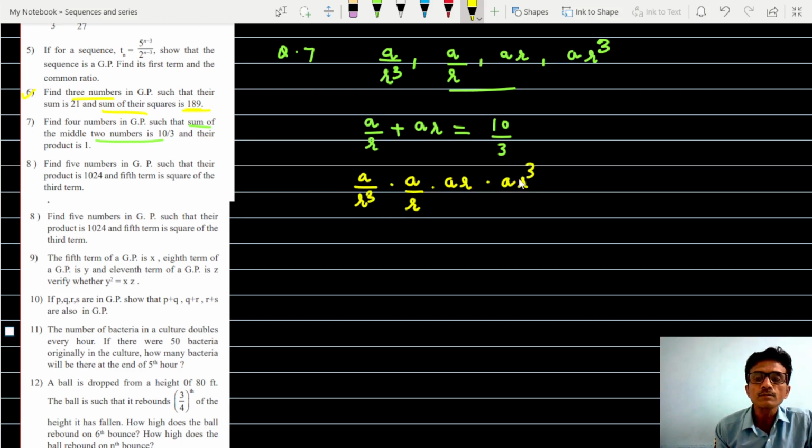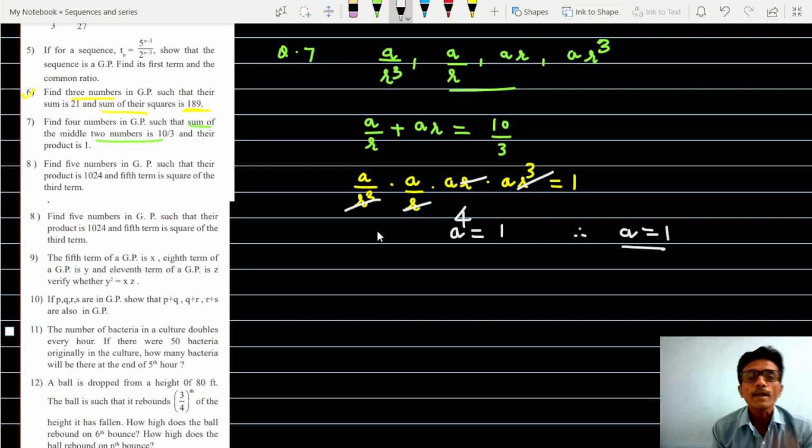This product is equal to how much? 1. Yes, this r cube is getting cancelled with this r cube. The r will get cancelled and you are getting here a raised to power 4 is equal to 1. Therefore a is equal to 1.